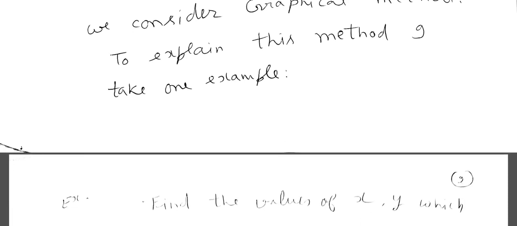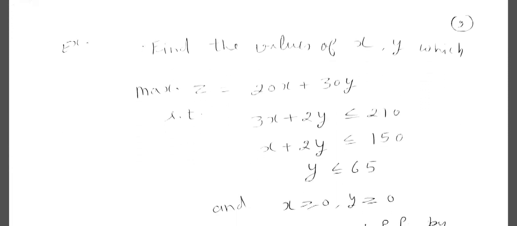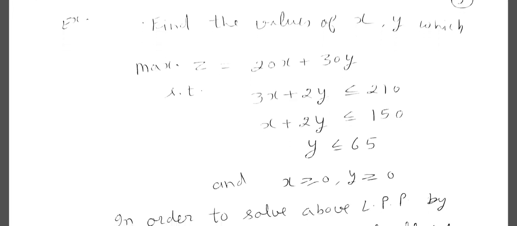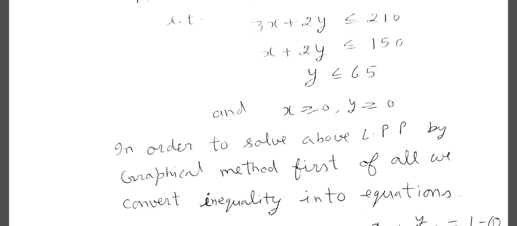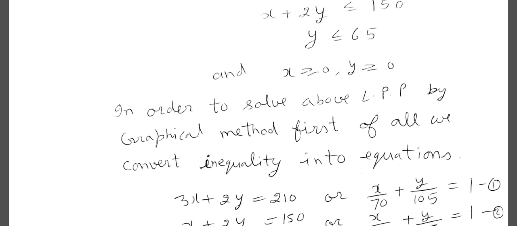To explain this method, I take one example, which is: find the values of x, y which maximize z equal to 20x plus 30y subject to the condition 3x plus 2y is less than equal to 210, x plus 2y is less than equal to 150 and y is less than equal to 65. Also non-negative restrictions, x greater than equal to 0, y greater than equal to 0.